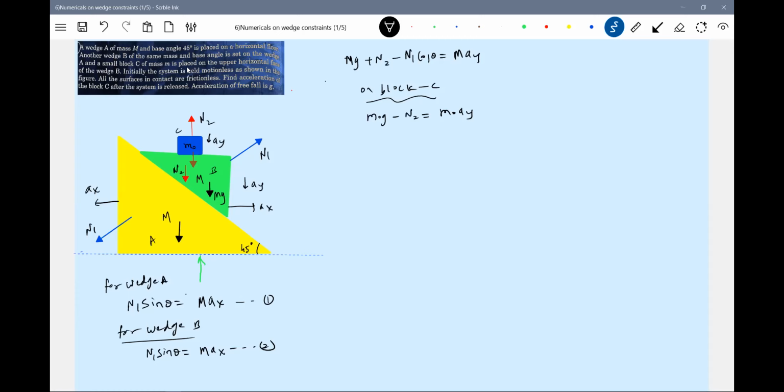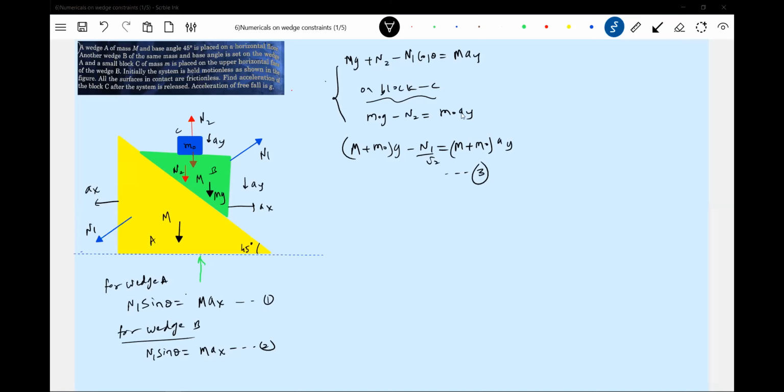I think there'll be a better idea. Adding up these two, we'll make it one equation: m0g minus N1 by root 2 equals (m plus m0) a1. So what I did is, I'll call this equation 3.